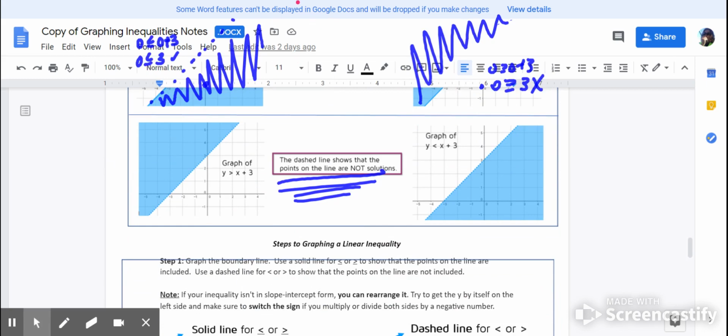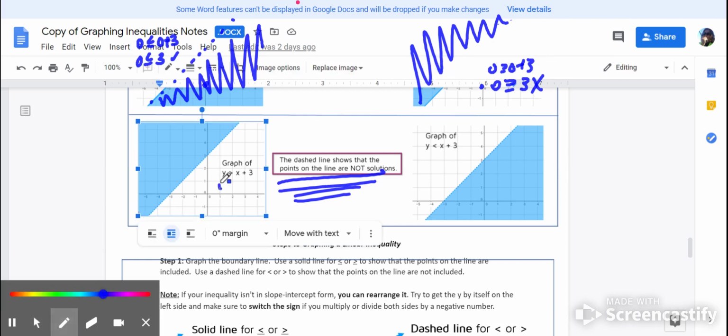Now, the only difference when we have just greater than or less than is that all my lines are going to be dashed, because that line is no longer a part of the solution. It's just things either greater or less than. And then you can use the test method again and plug in. Is it true that 0 is greater than 0 plus 3?